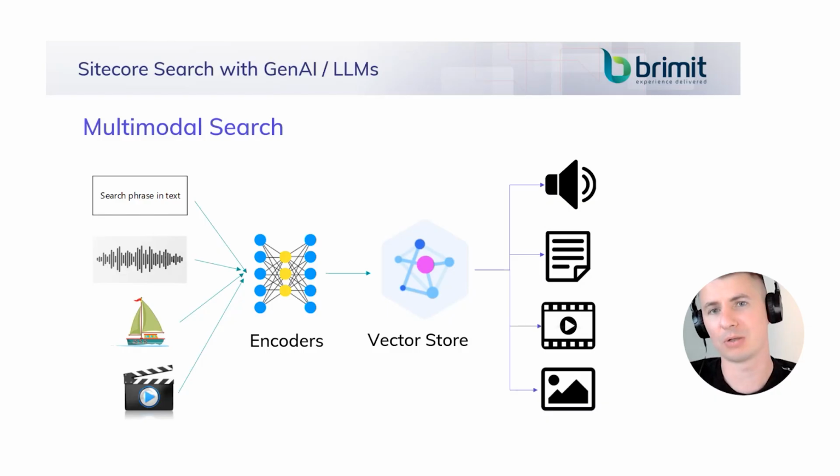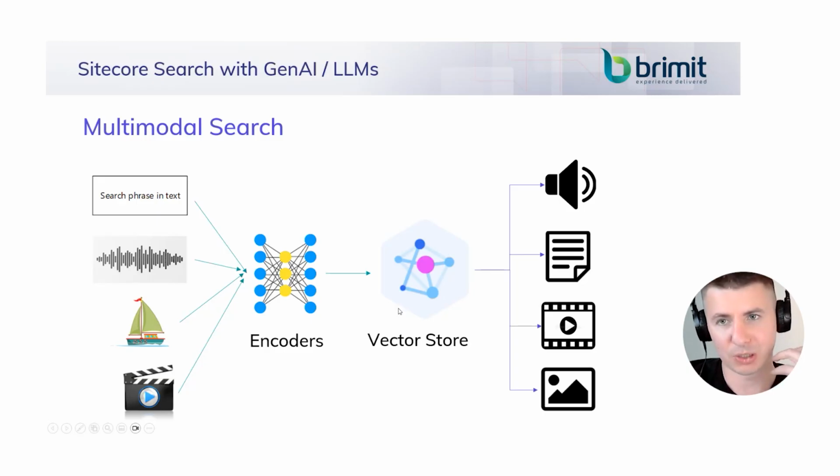Machine learning models can understand not only text, but also images, audio files, video files, and so on. So what we can do now with these models is pass these data formats through the LLM, and it generates one unified vector store for all of this.